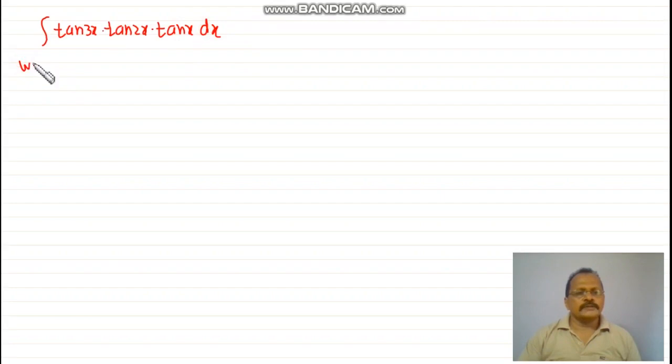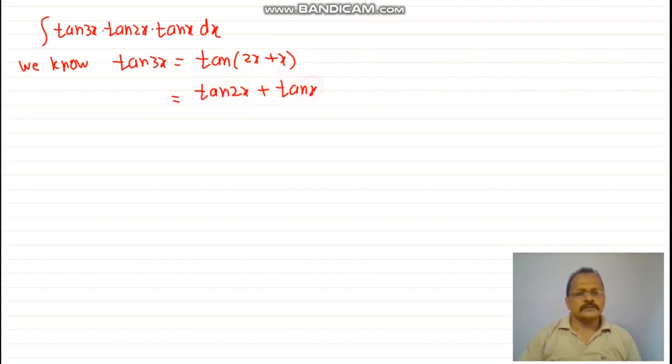We know that tan 3x is equal to tan of 2x plus x, equal to tan 2x plus tan x upon 1 minus tan 2x into tan x.